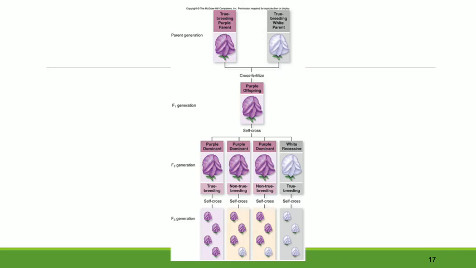That's why when you allow this plant to self-fertilize, it will produce purple plants. And if you make sure it only is using its own pollen to fertilize its own eggs, it will always produce flowers that are purple.